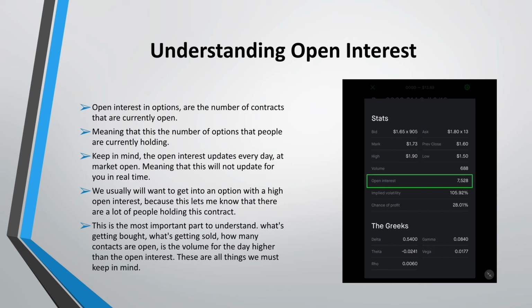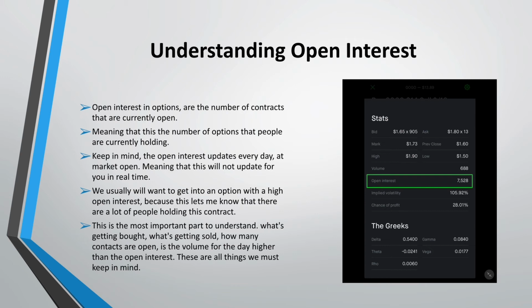Now, something very off topic, and I just noticed. I'm going to show you guys because I know a lot of you out there trade with Robinhood. So this is a good tip just to let you guys know. On the right-hand side, as you can see in the picture, if you look at the very top where it says stats, bid, and then ask, it says bid 1.65 times 905.